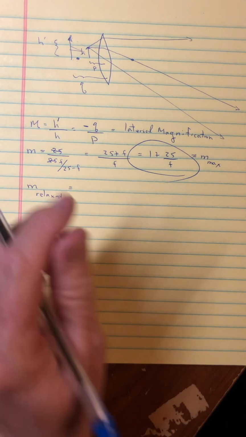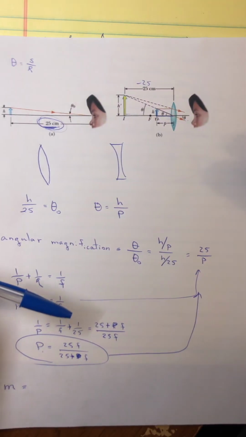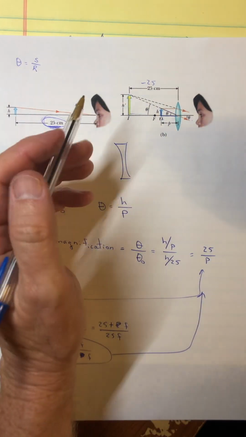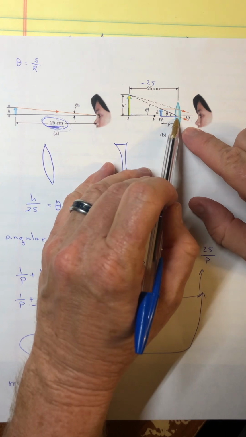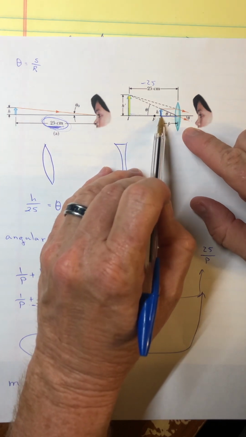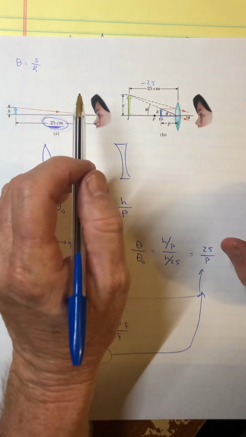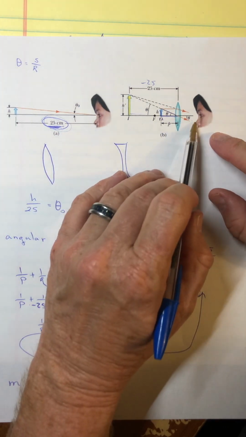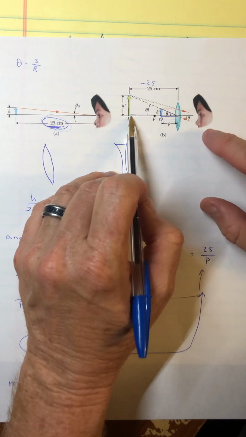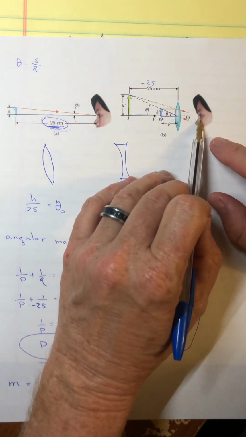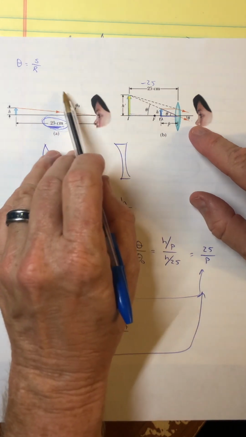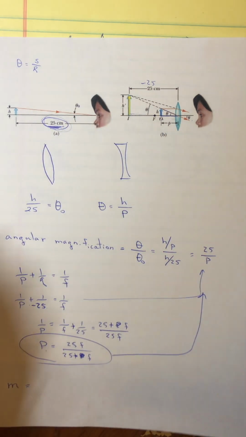Because if we come back to our picture, we said, why don't we just make this object appear to be coming from 25 away? But remember, at 25, our eyes have to work kind of hard. So if we wanted our eyes in a relaxed position, let's make this really far away.